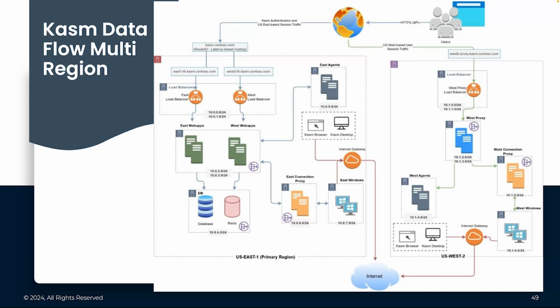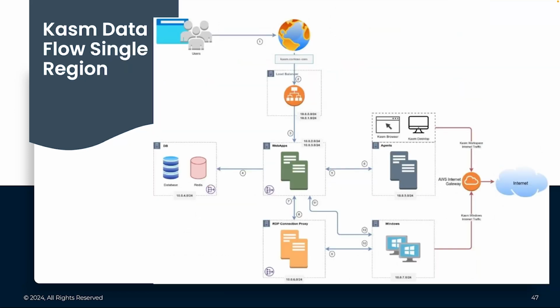So again, if we go back one arrow, all of these connection paths are exactly the same. Same numbered instances that are residing here, same kind of back and forth flow. The only difference is that right before this load balancer, Amazon Route 53 is making a determination, and there's two sets of load balancers.